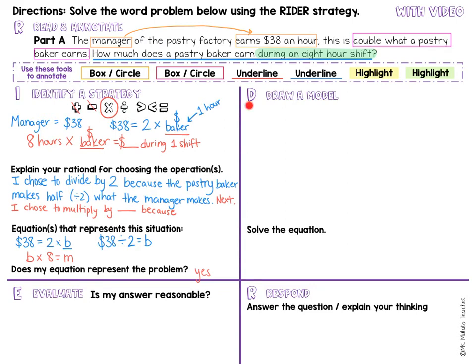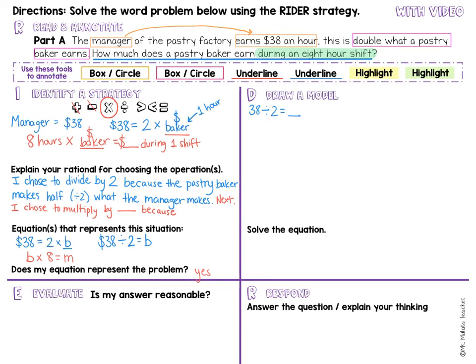Great, now it's time for D, draw a model. If you're not sure what 38 divided by 2 is, then I suggest that you skip count by 2's until you get to 38. Or you can use another division strategy. Then we're going to multiply this number times 8.